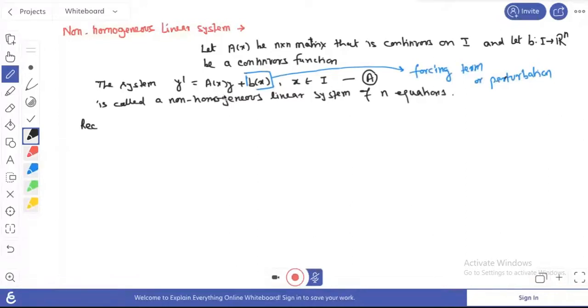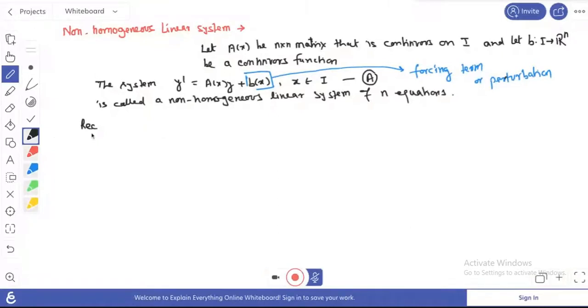so here we write that, due to A and B being continuous in this domain I, there exists existence and uniqueness of the initial value problem.